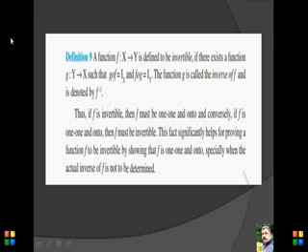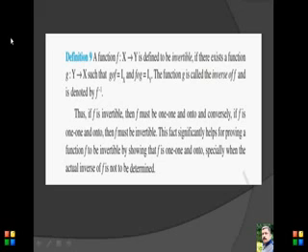Thus, if f is invertible, then f must be 1-1 and onto, and conversely, if f is 1-1 and onto, then f must be invertible. This fact helps in proving a function f to be invertible by showing that f is 1-1 and onto, especially when the actual inverse of f is not to be determined.